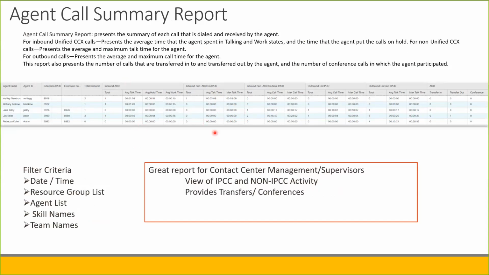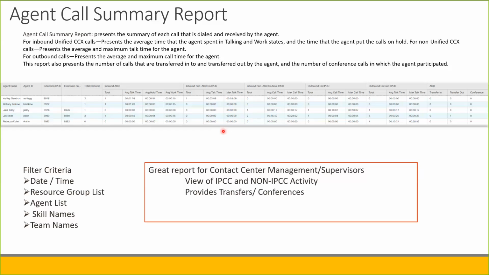A non-ACD call, in its essence, whether it's IPCC or not, is a call that is not coming through and being distributed by an IVR or a menu. An example would be if somebody dials an agent's IPCC extension directly and receives a call on that extension, whether from the outside or the inside, they're receiving an inbound call that is not automatically distributed, which means it did not come through a queue, a CSQ. Okay, so that's really the first difference.